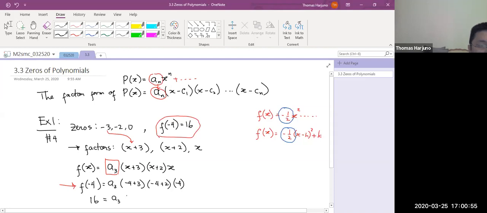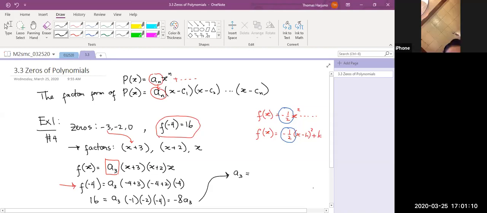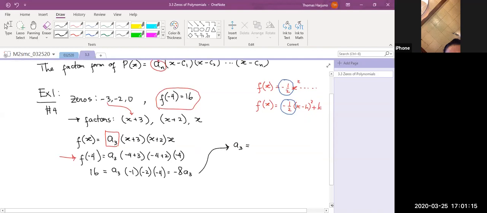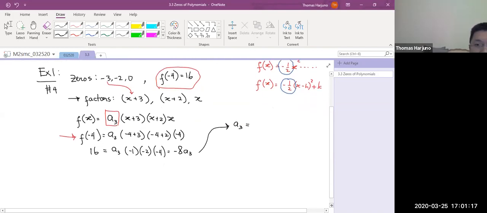This is a sub 3 times -1, -2, -4. That's -8 times a sub 3, which implies a sub 3 is -2. Okay, such that then I can go on to the final answer.